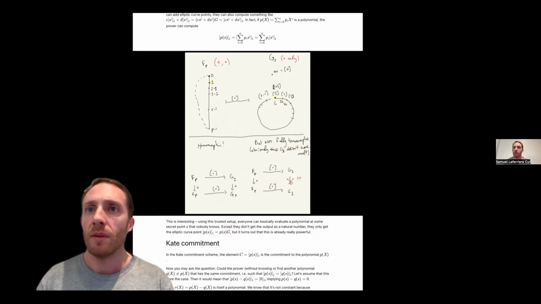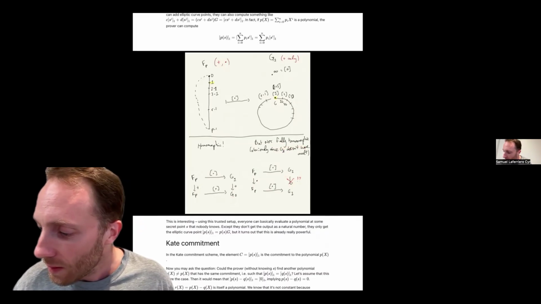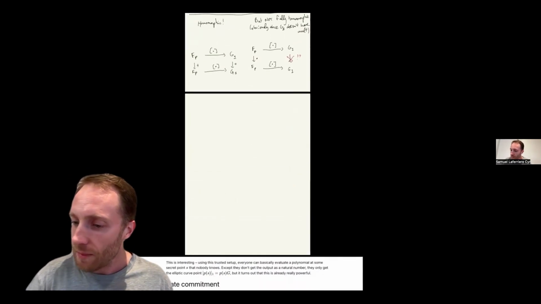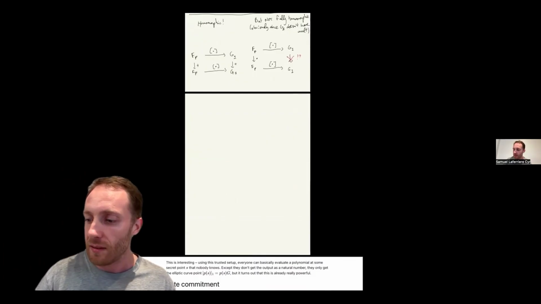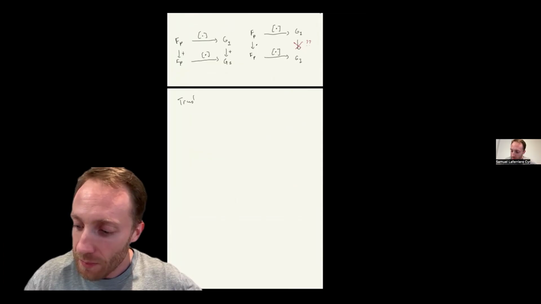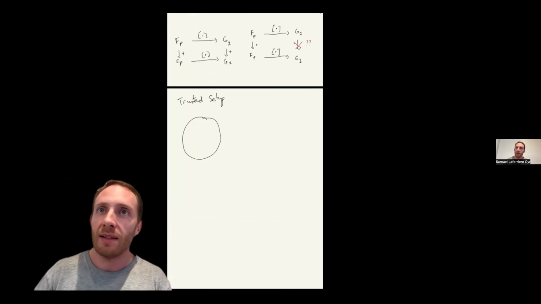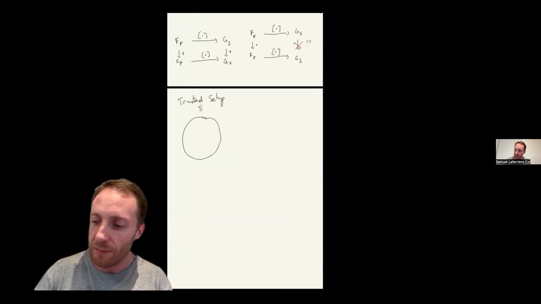Okay, so now that we have this, I want to extend this. So what is the trusted setup? Really quickly, visually, you have your field, this is the field FP.